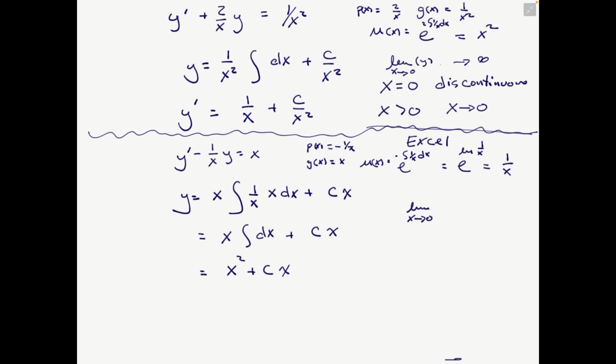So they want the limit as x goes to 0 of y, which is 0. It's kind of silly, but yeah, that's it. And they want us to plot this. It's going to be a parabola. So we'll keep that one in mind. So we'll plot those two.